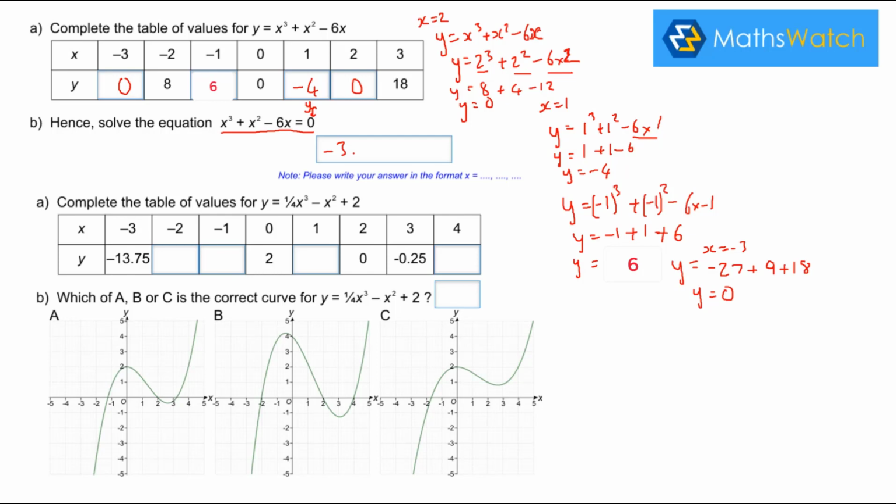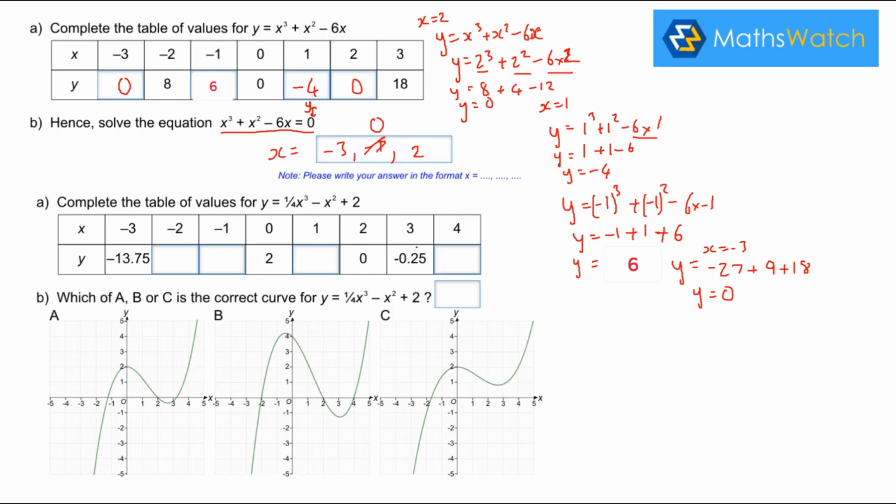Well, can you notice that y has swapped with this 0? So when is y 0 here? Well, that's minus 3. Minus 1? They said to write in this format, so I'm going to follow that format. Well, not minus 1, I mean 0 and 2, and that should be the correct answer.